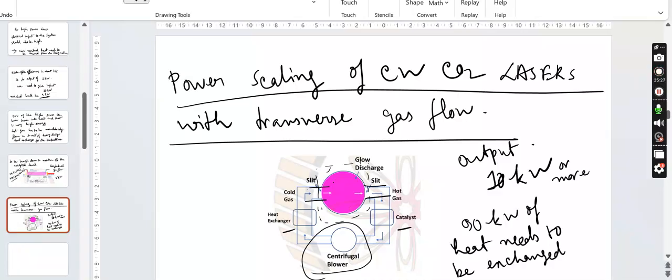An oversimplified cross-section is this. Commercial multi-kilowatt CW lasers are normally used on this transverse flow geometry that offer high volumetric gas flow with relative ease.